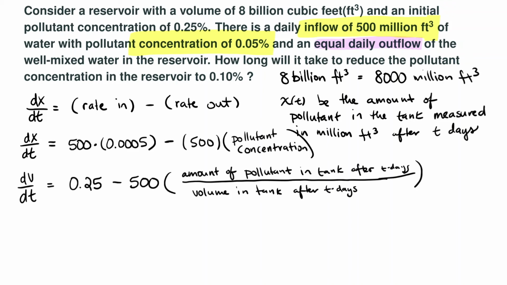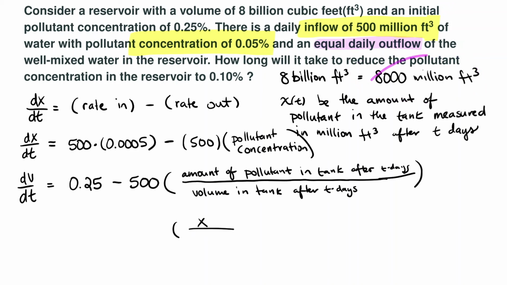Now, the amount of the pollutant in the tank after t days, we know that's a variable amount. And specifically, we've labeled that earlier as our x of t. So the numerator becomes x of t, or our function x that depends on time. We can just leave it as x if we prefer. And now let's think about the volume. Initially, there were 8,000 million cubic feet.